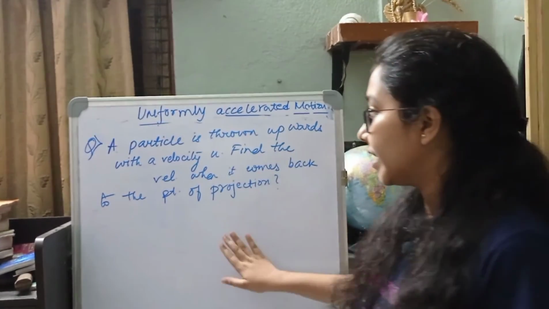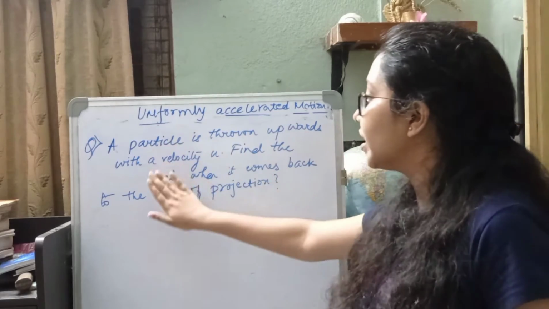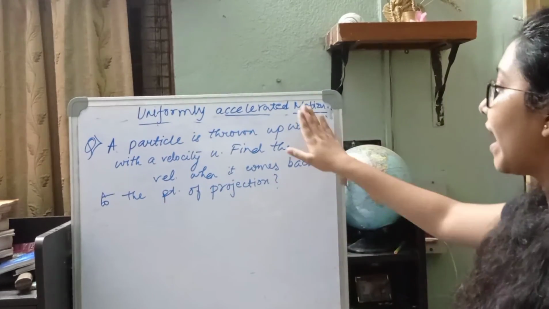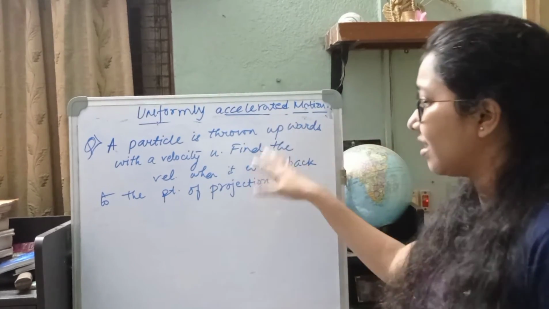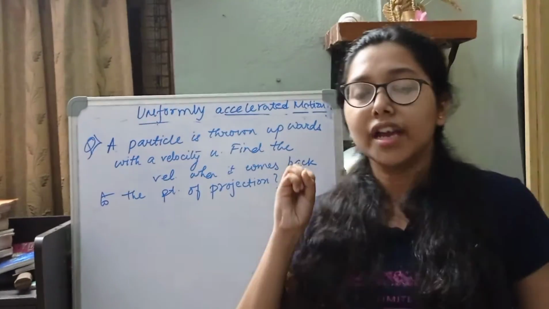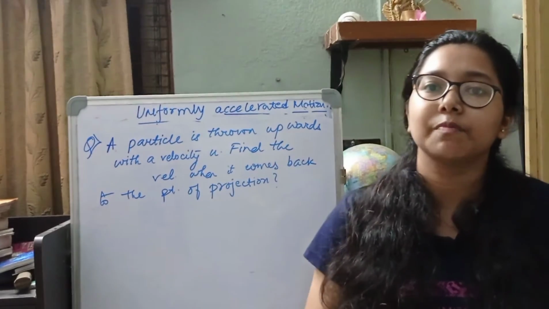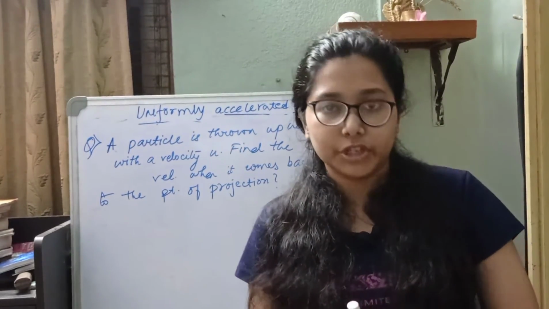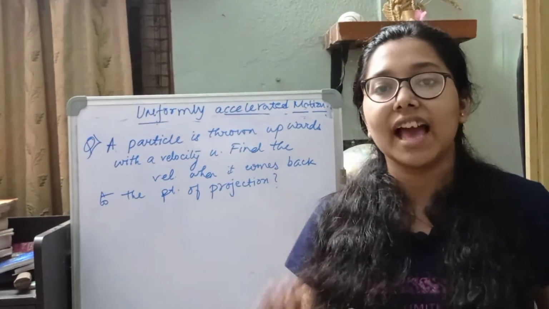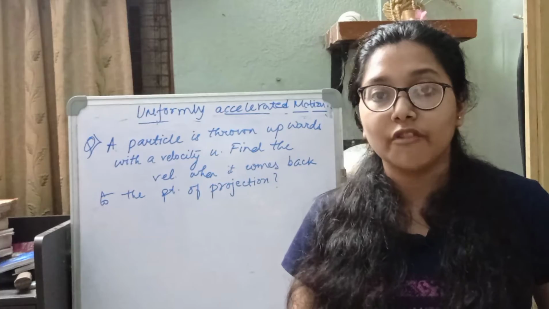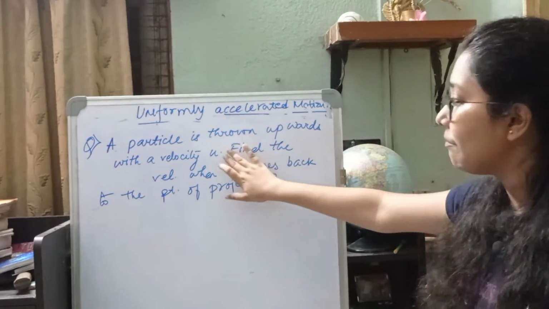In this question, it has been given that a particle is thrown upwards with a velocity u. Find the velocity when it comes back to the point of projection. It is like a theoretical question, only for the understanding of what happens when it comes back to the point where it was projected. The moment it returns to the same point, it will have the velocity having the same magnitude u.